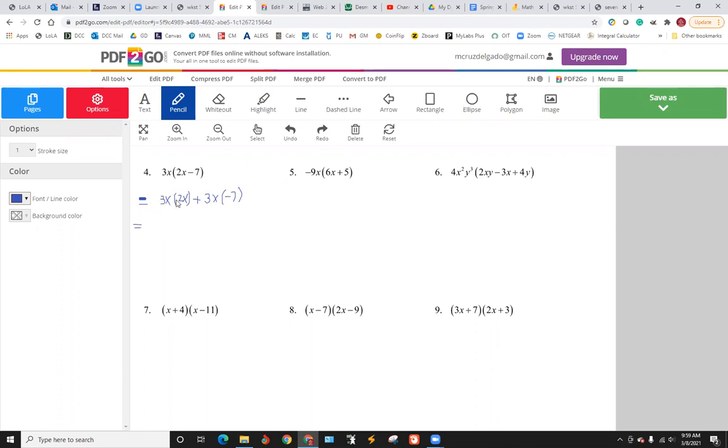So it's 3 times 2, and then x times x, and it's going to be negative. I'm just going to turn these around. So that's 6x squared, because there's, again, x to the first, x to the first.